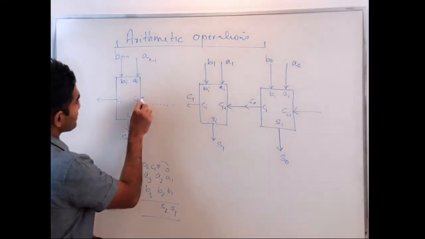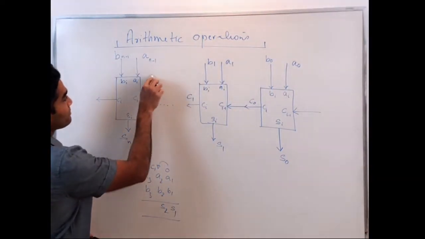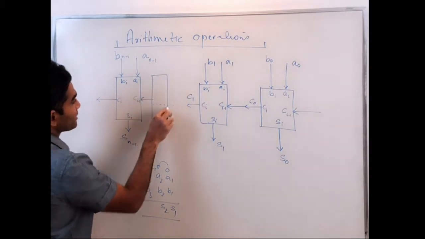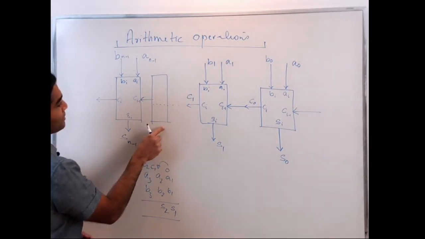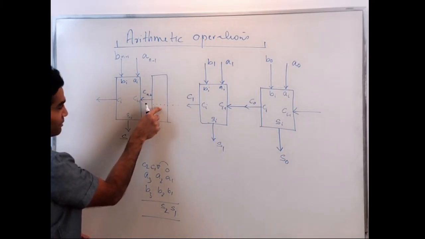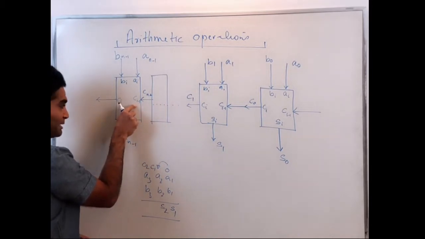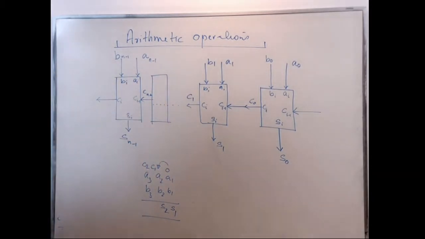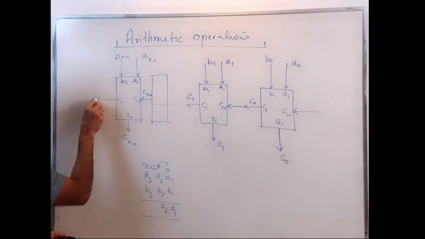So basically here, I'm doing the n minus 1 module. This will be S n minus 2. Carry out of this n minus 1 module is being connected to the carry in of the nth module, and that's my sum, and that's my final carry out, Cn minus 1.